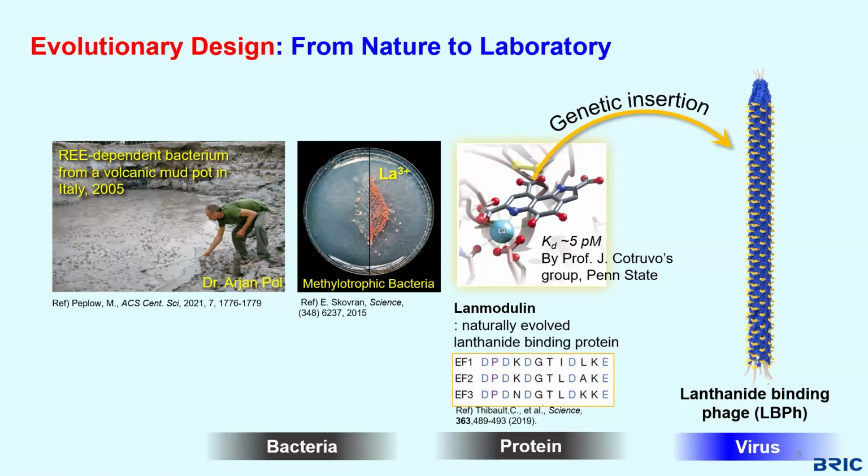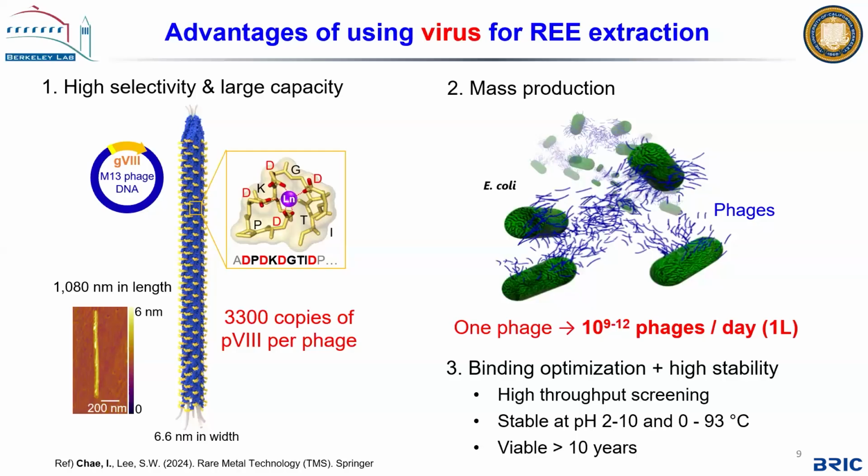So we, as a virus group, genetically inserted this unique sequence into the virus, and we could create this lanthanide binding virus. And some of you might ask, why should we use the virus? What is the advantage? So here's the answer.